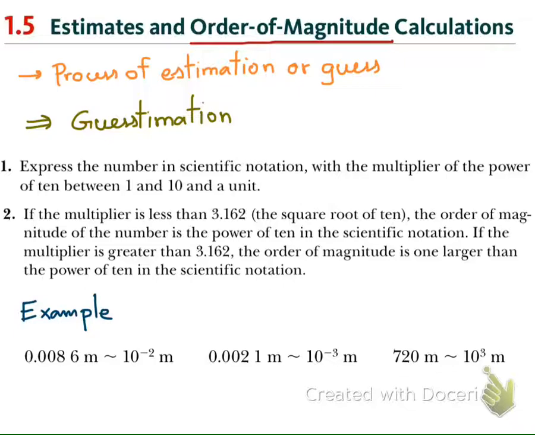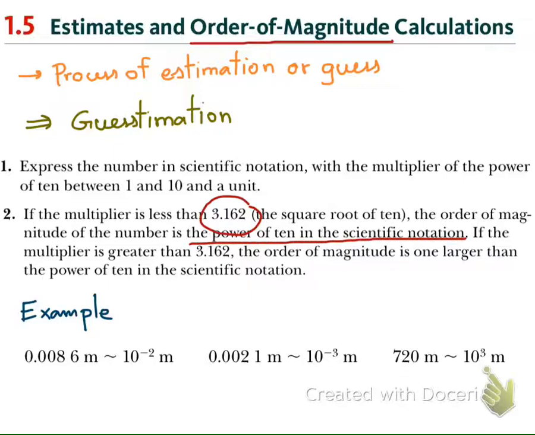First, you express the number in scientific notation with the multiplier of the power of 10 between 1 and 10, and a unit. Second, if the multiplier is less than 3.16, which is the square root of 10, the order of magnitude of the number is the power of 10 in the scientific notation.